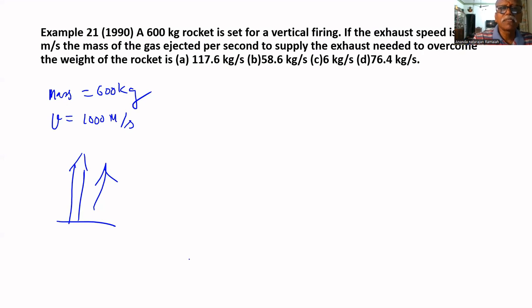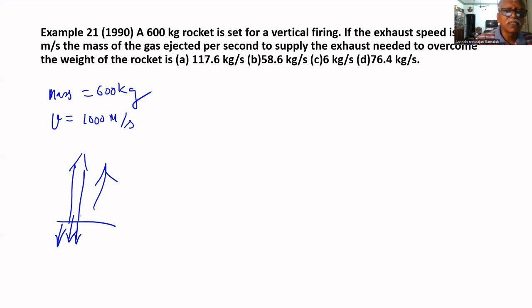The mass of the gas ejected per second to supply the exhaust needed. Why is it going upward? The gas is ejected from this rocket, that's why it's going upward.